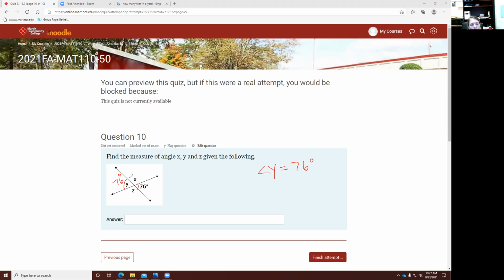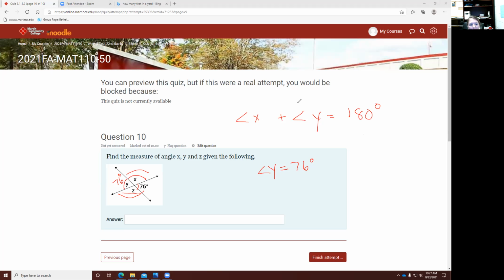Now I need to figure out, okay, what is x going to be and what is z going to be? Well, I know that these two angles, angle x plus angle y, make a straight line, which means they are supplementary angles, which means they add up to 180 degrees. So how do I find out what x is?